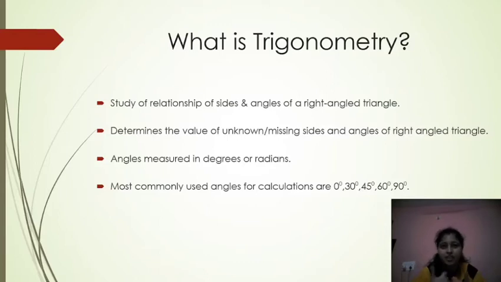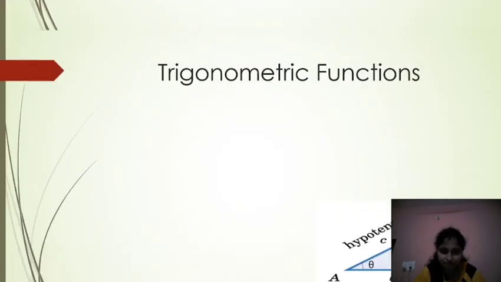There are fixed values for all these mentioned angles, which you can see on your screen. These values have been found out, and with the help of these values we can find the other sides of the triangle.